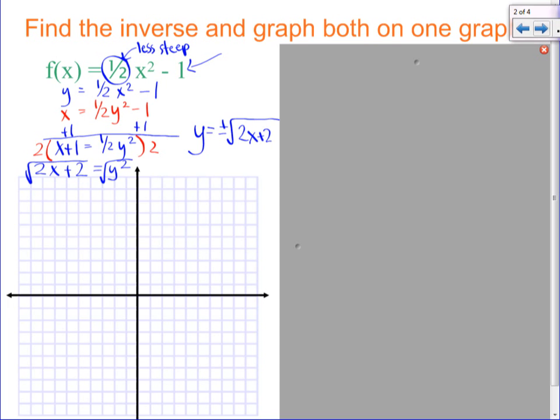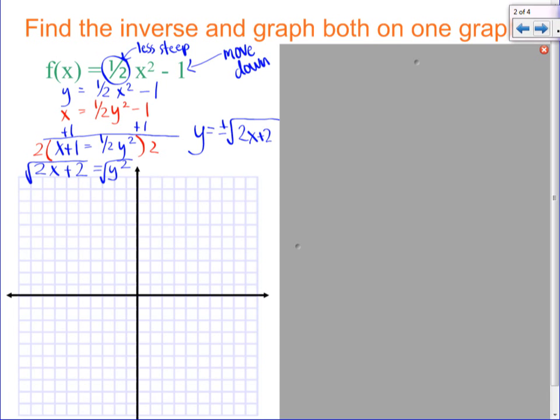Okay, and what does the -1 on the end tell us? 1 to the right. Close. We're going to move, but if it's on the end, what direction is that telling us? Up or down. Okay, and it's going to go down. When is it left or right? When it's with the x in the parentheses. That's the left or right movement. Okay. All right, so this is a parabola.